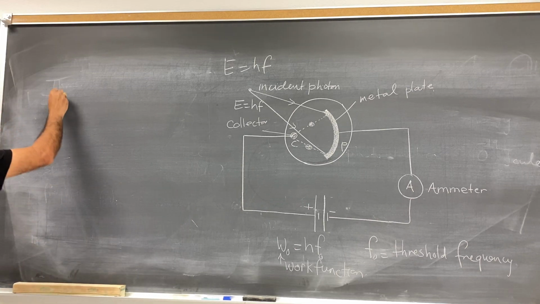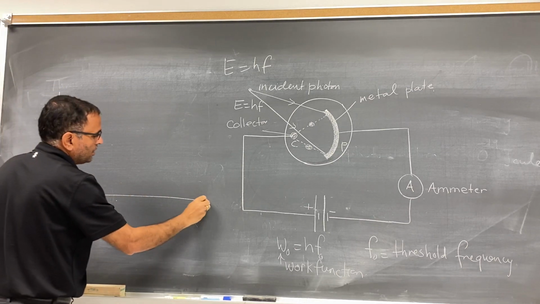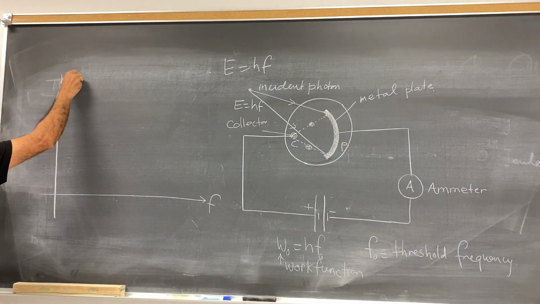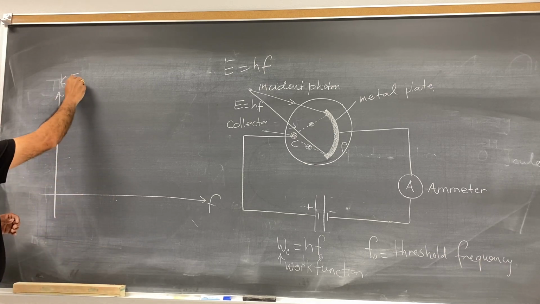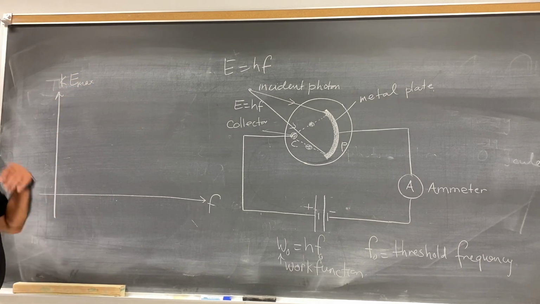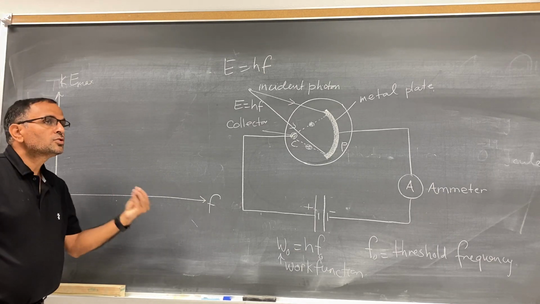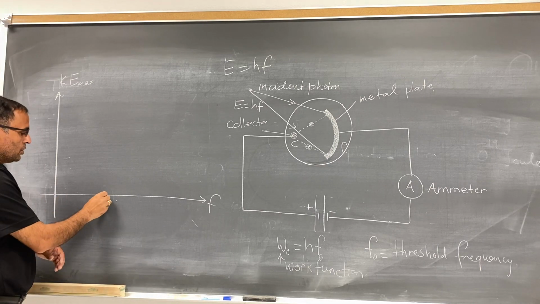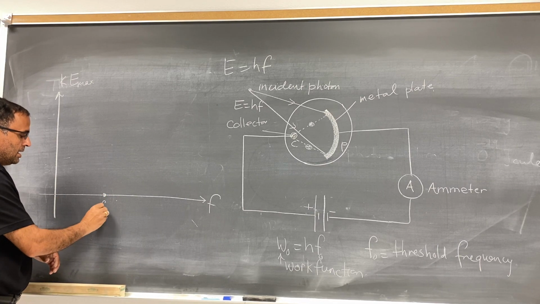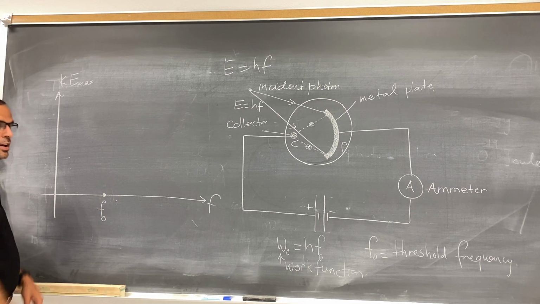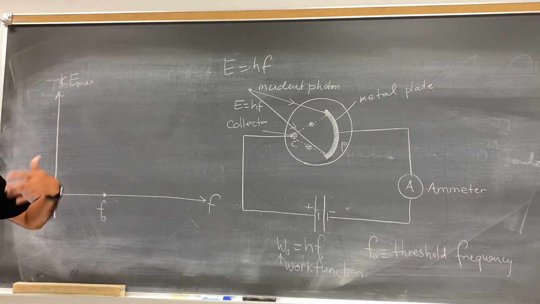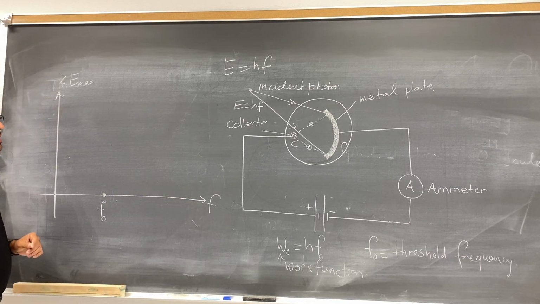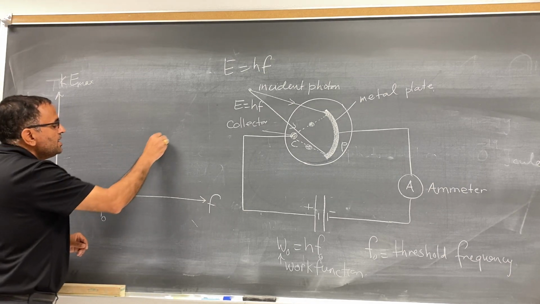If you plot the frequency here and the maximum kinetic energy there, you cannot start from the origin, because you need a certain minimum frequency to knock out the electron, so maybe somewhere there. Right here you can eject the electrons. Now if you increase the frequency of the incident light, what happens to the maximum kinetic energy?